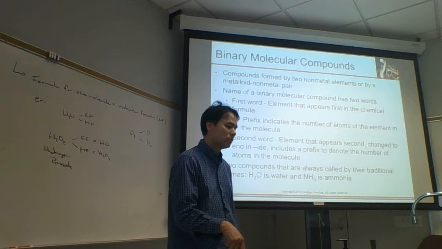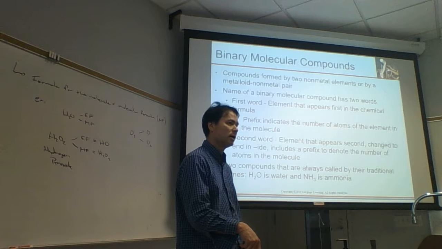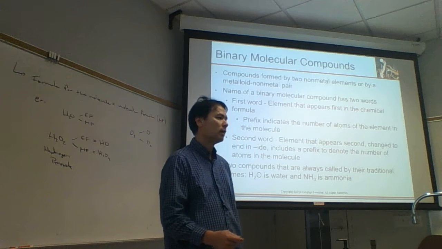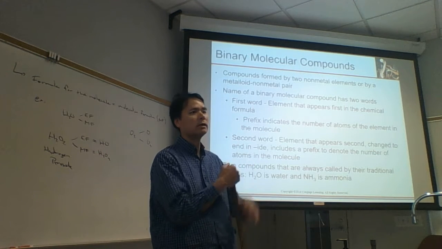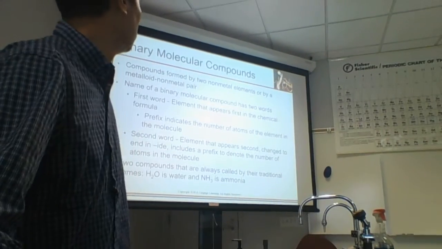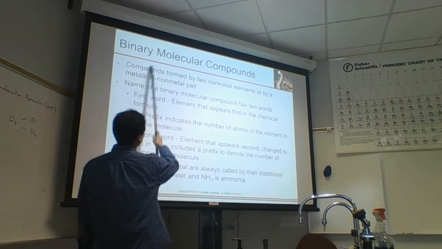Now we go to compounds. Can you tell me what a compound is and what the difference between a compound and an element is? Yeah, two or more elements chemically bonded together, like water. Water is a compound. And so when we look at it, we have binary molecular compounds.